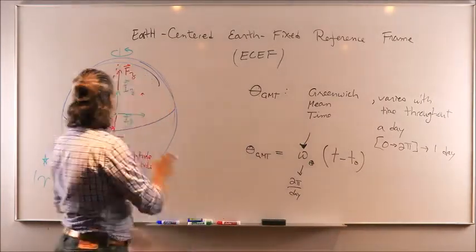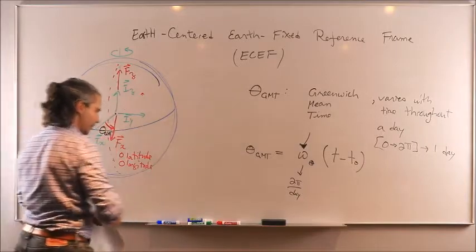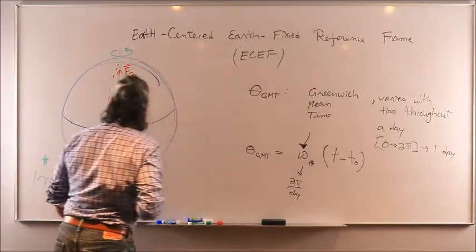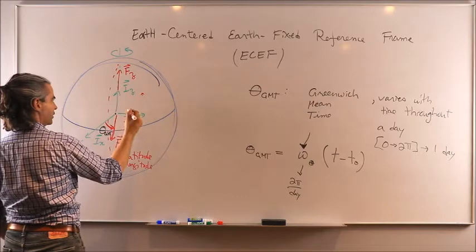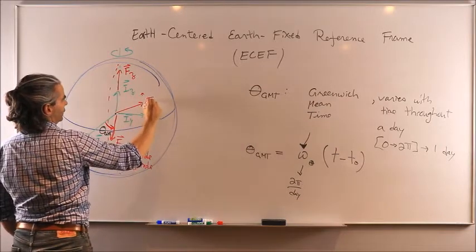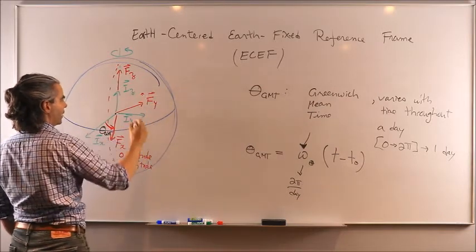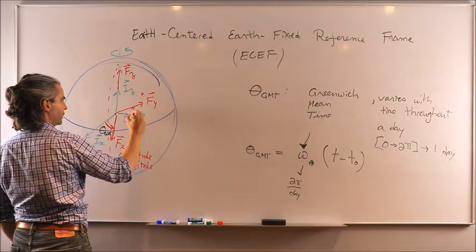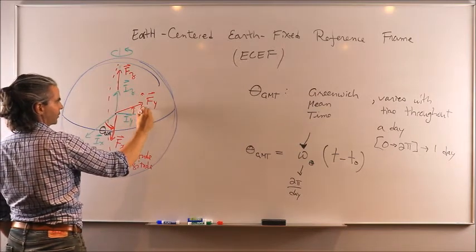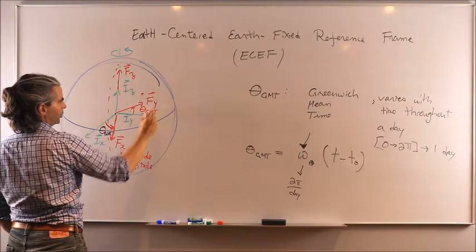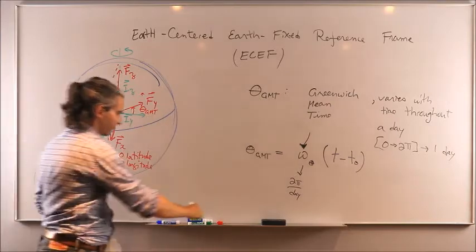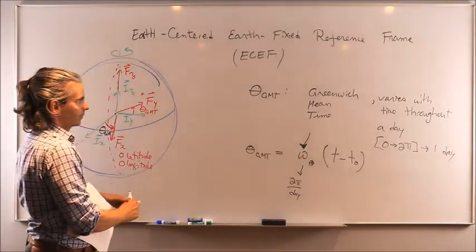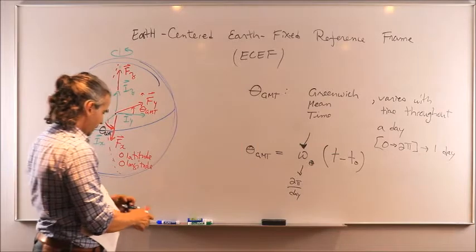So this is our ECEF reference frame, and I didn't write it down, but essentially you have Fy that completes the triad, and then the angle between Iy and Fy is also theta GMT. Okay.